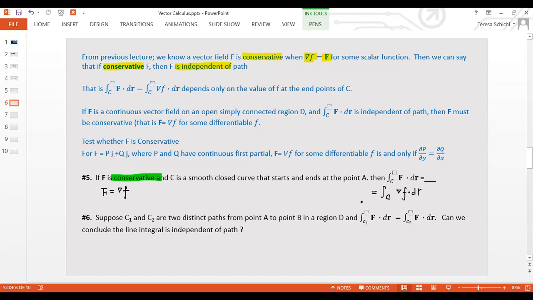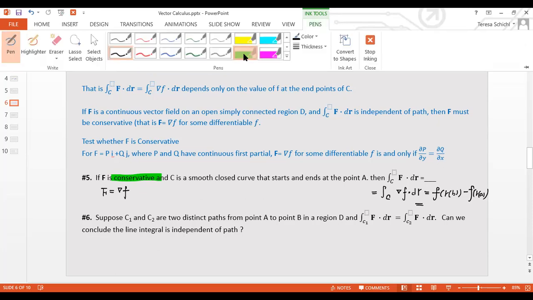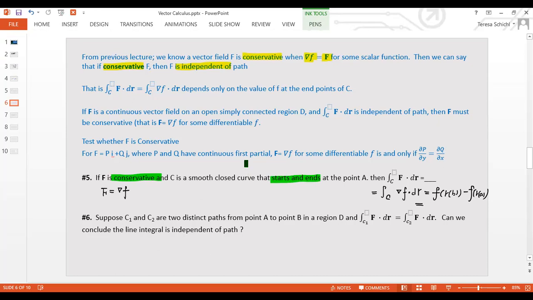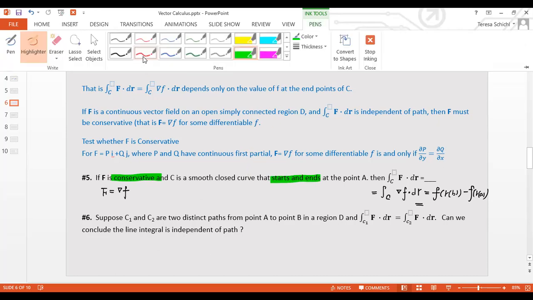Now, based on the fundamental theorem of line integrals, because this is the gradient of some continuous function f, I can say this equals f of r(B) minus f of r(A). And because this is a closed curve, it starts and ends at the same point.